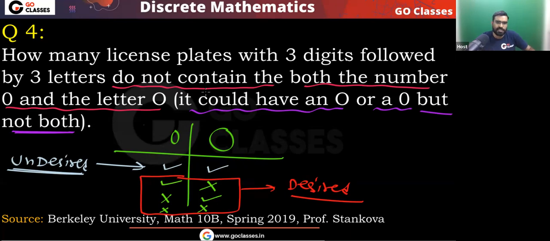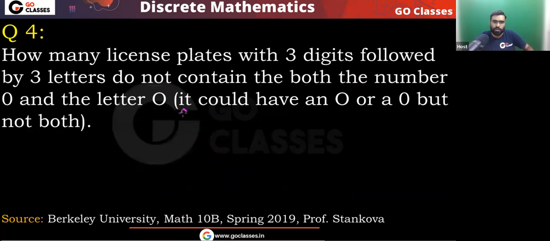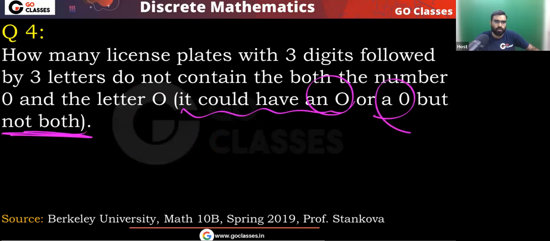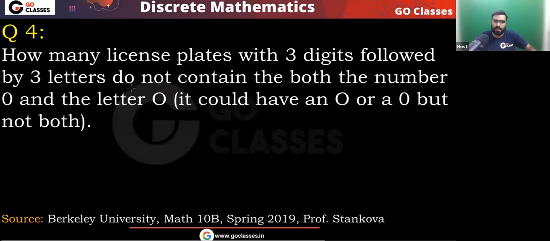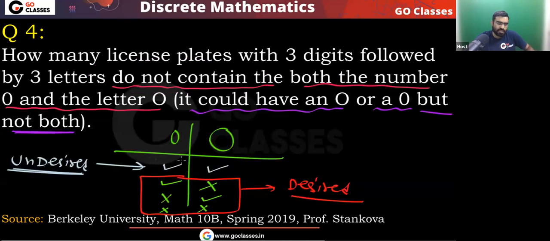So everything is given in the question. Please read the question. You can have O, you can have 0, but you should not have both. So the undesired case is when both are there. The remaining cases are desired cases. So tell me what will be the answer? Again, you can apply the complement rule.